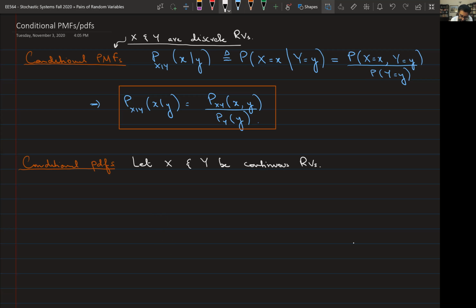And the conditional PDF of the random variable capital X given an observation of the random variable Y is equal to, and I'm not doing a proof here, the joint PDF divided by the PDF of Y, f_Y(y), right?